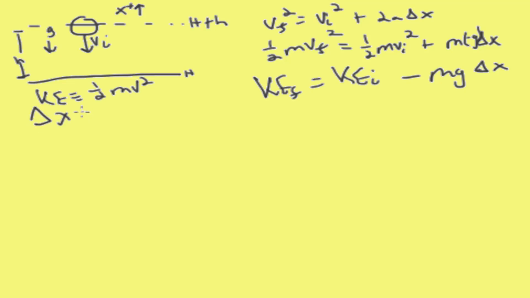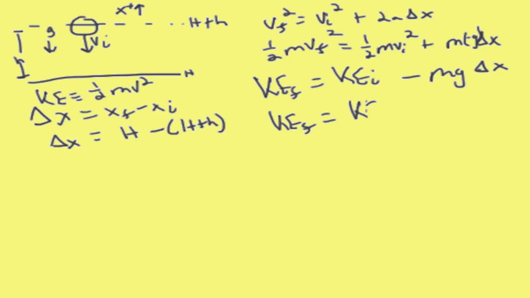So our delta x is, remember, x final minus x initial. So this particle ends at big H and starts at big H plus little h. So if we now use that, we'll get this minus mg big H minus big H plus little h. We can distribute that in.